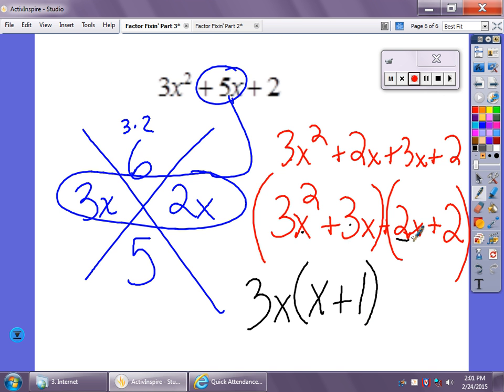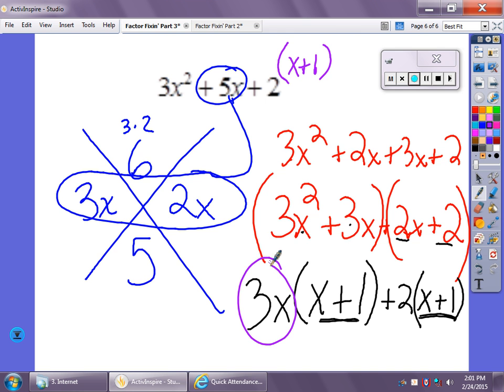Okay, and in this next one, they both have a 2. So plus 2. 2x divided by 2 is x, and 2 divided by 2 is 1. Okay, notice these match, so I must have done it correctly. So I'm going to start with what matches. I have an x plus 1, and then on the outside, I have 3x plus 2.